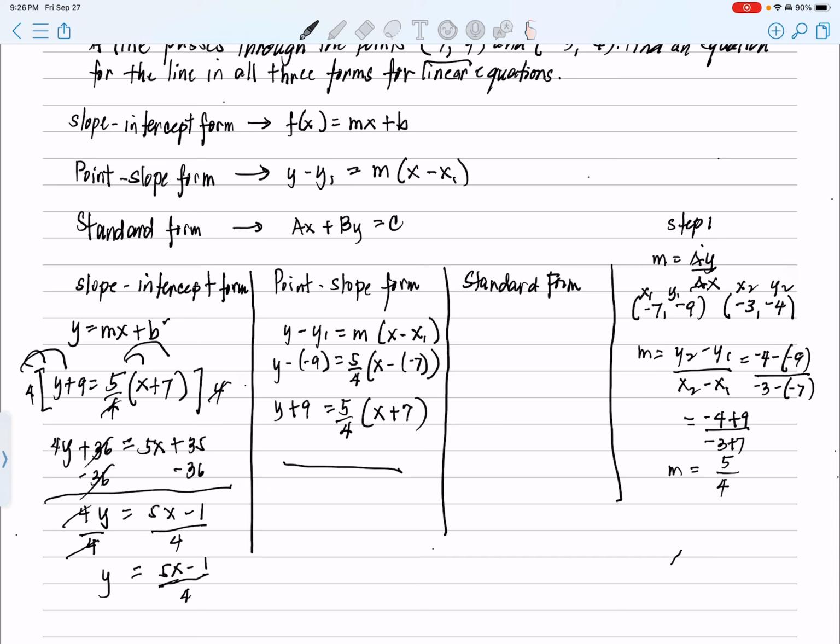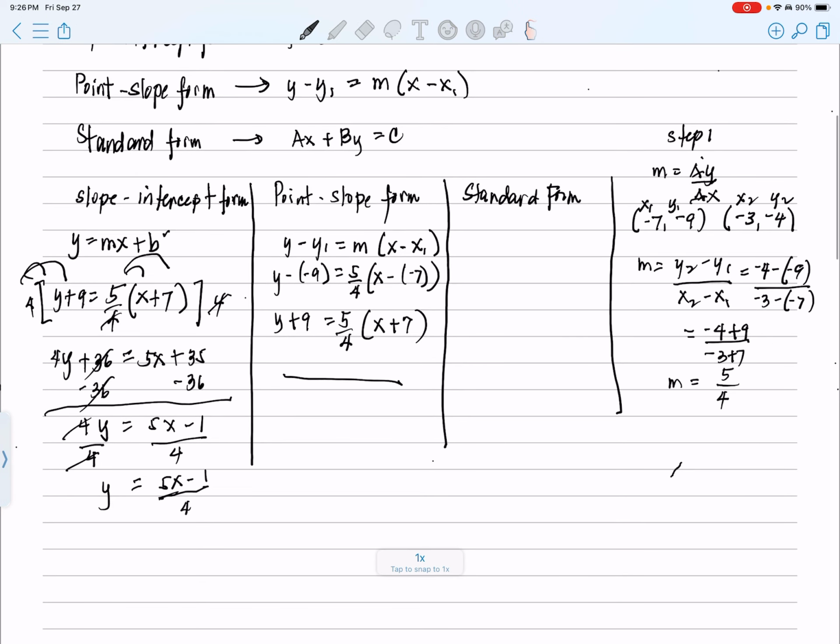Or you could simplify more by doing this: 5x over 4 minus 1/4 as your slope-intercept form.